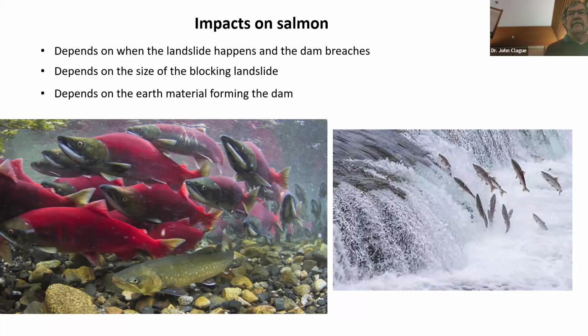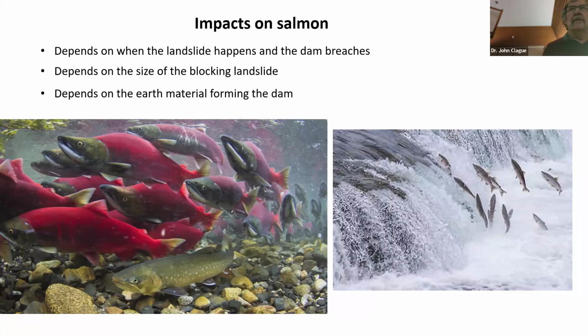I showed you an example of a rock slide on Vancouver Island where the blocks are so big that the dam is there for an awful long time, longer than we would worry about. And it's not a salmon spawning stream, so it doesn't really bear on this. But there are some big landslide dams that have isolated upper parts of watersheds from salmon spawning because the barriers are natural and they've been there for an awful long time and they're going to be there for a long time.